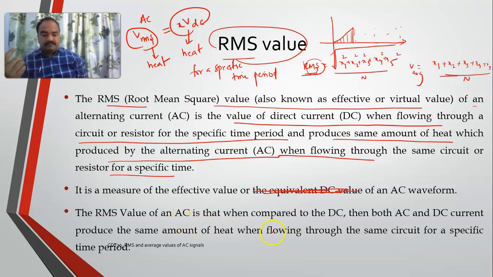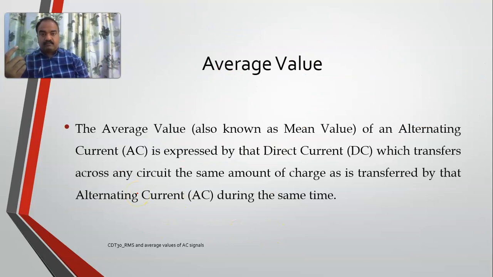Now, the other one is the average value. As already said, it is just the average of different instantaneous values. So the average value we also call the mean value because it is just the average.